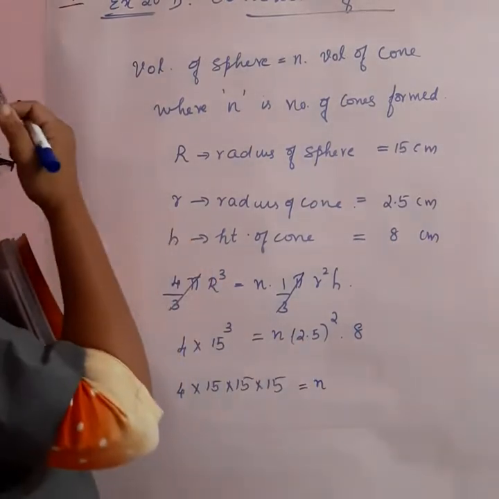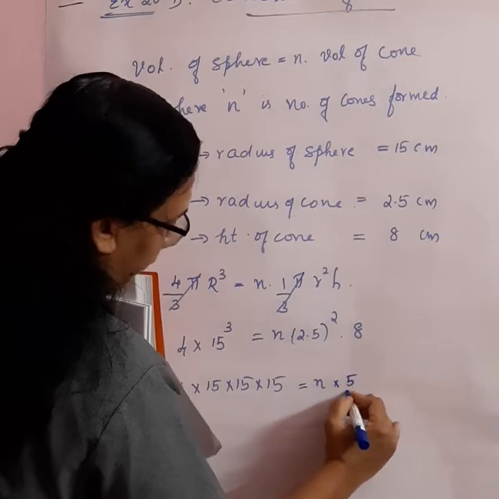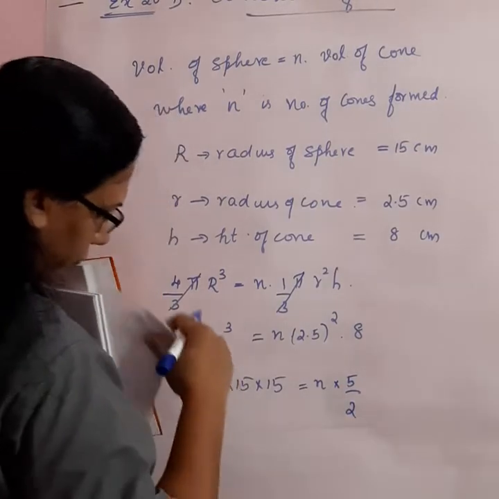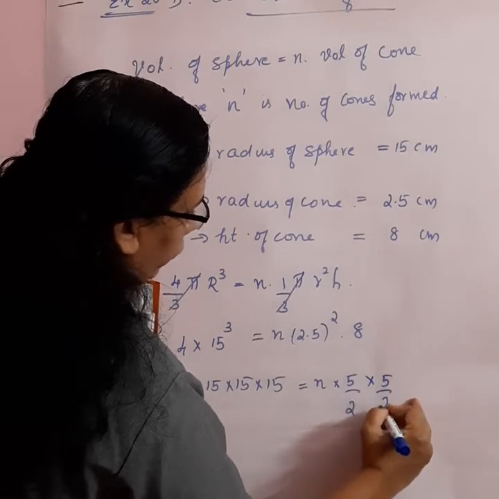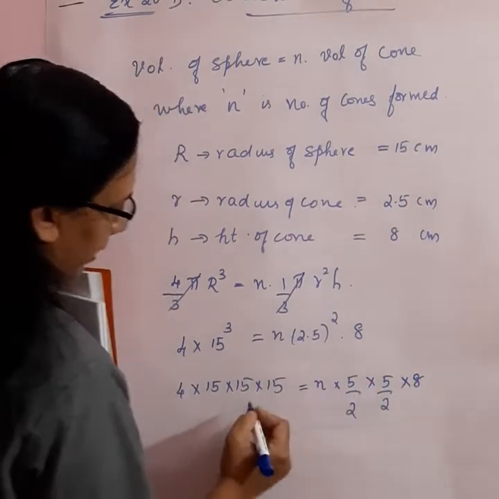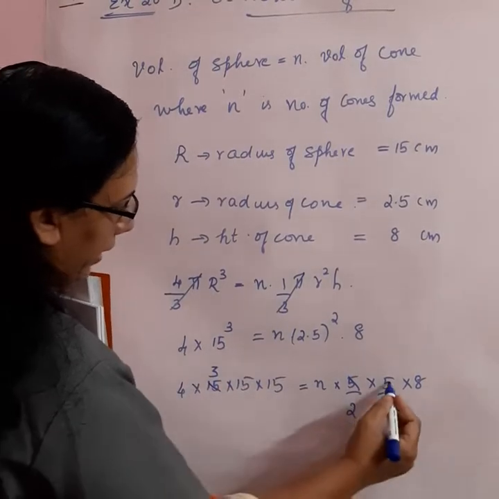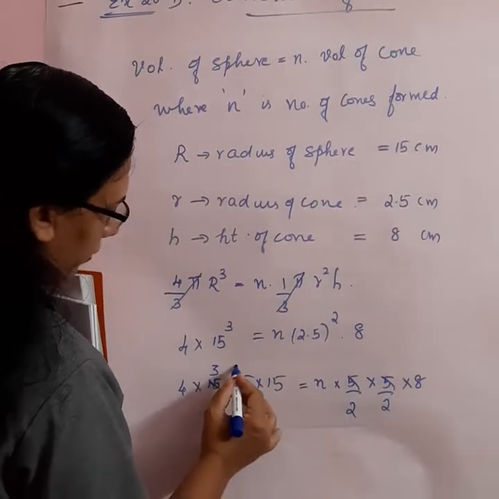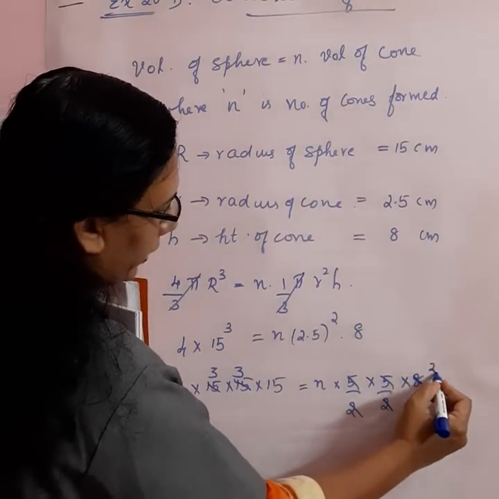See, 2.5 I am writing as 5 by 2. So I can write 5 by 2 into 5 by 2 into 8. See, 5 into 5 will go here 3 times. Again this 5 will go here 3 times. So 2 and 2 will go, 2 fours are 8, 4 will go here twice.